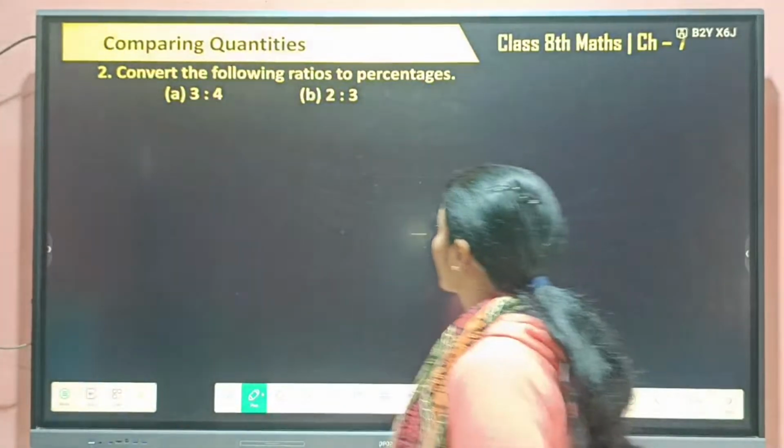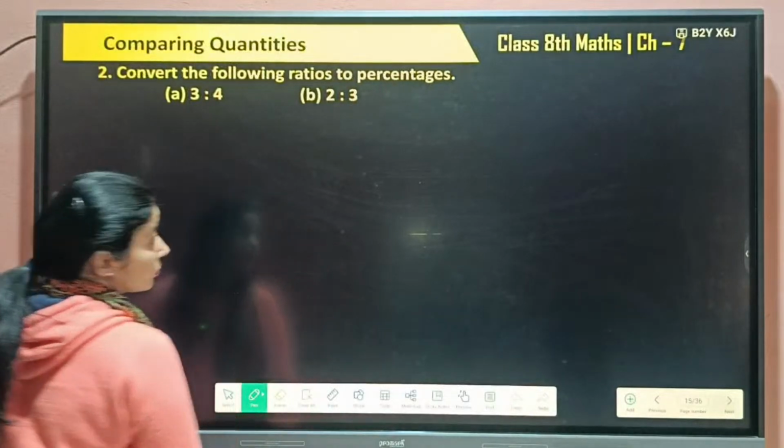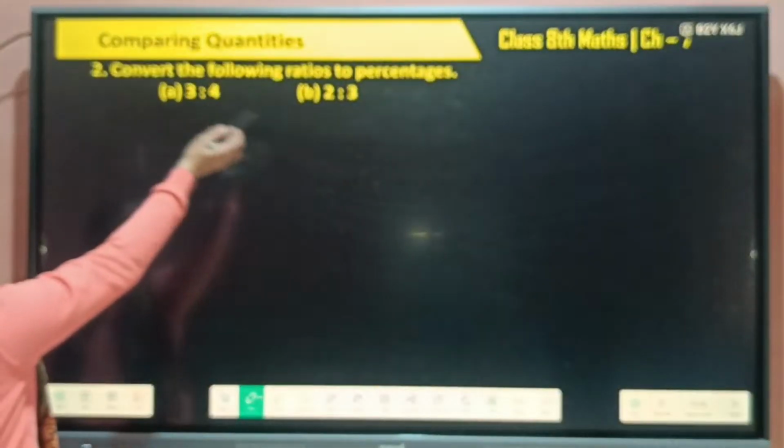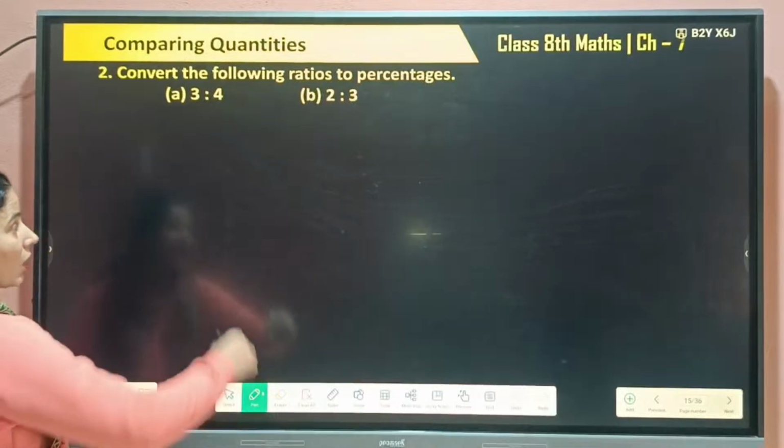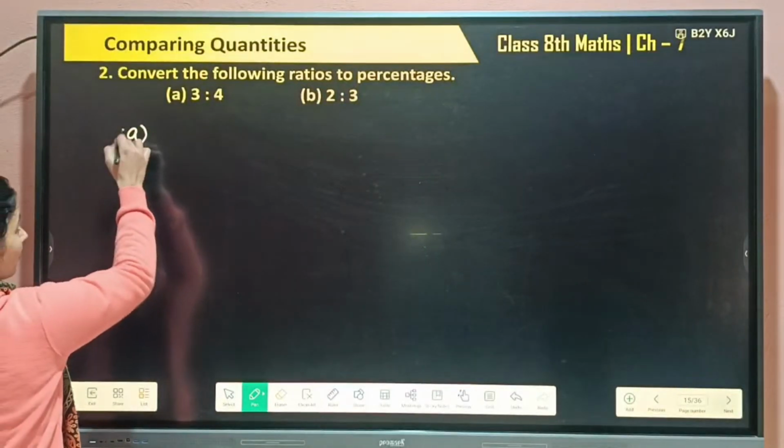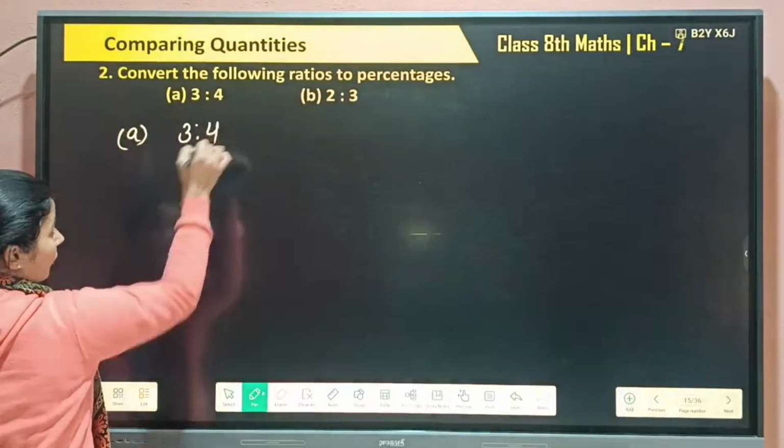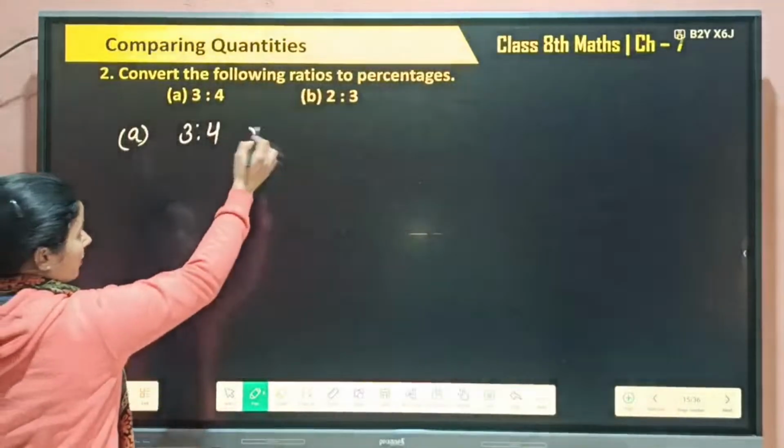Second question: convert the following ratio to percentage. This ratio we have to convert into percentage. How can we write this? A part: 3:4 we have to convert into percentage.